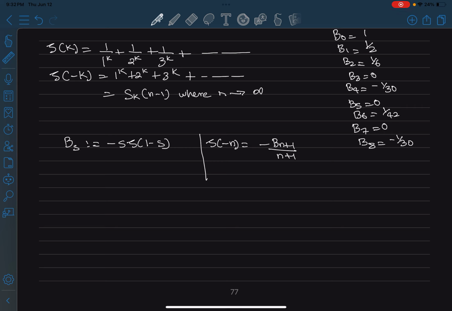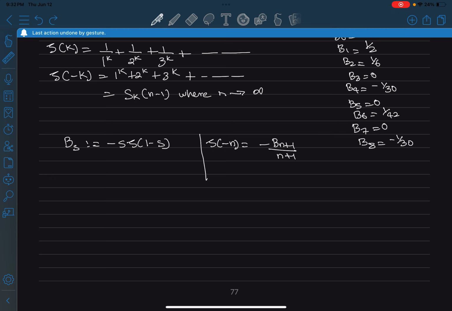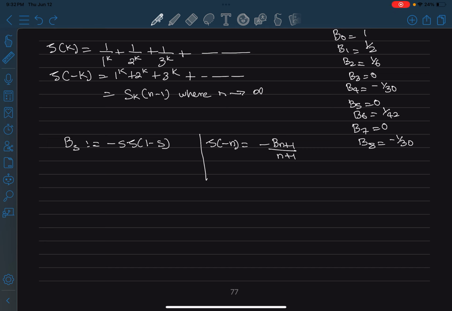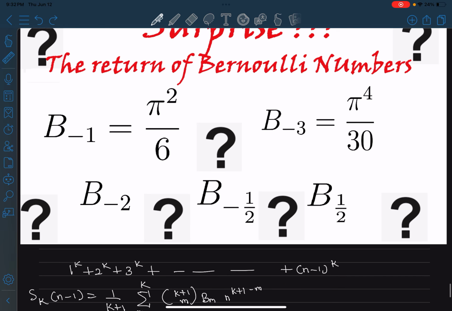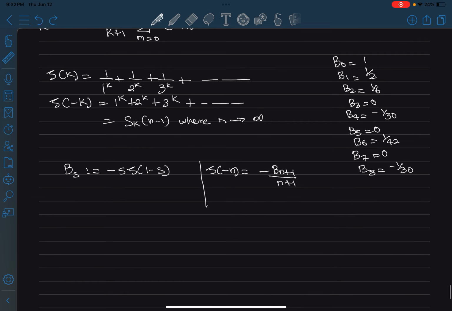These are used to find zeta values for negative indices, or to extend them. So let's try to explore those values today, and that's the goal of the video. We want to explore these values and also explore new things.